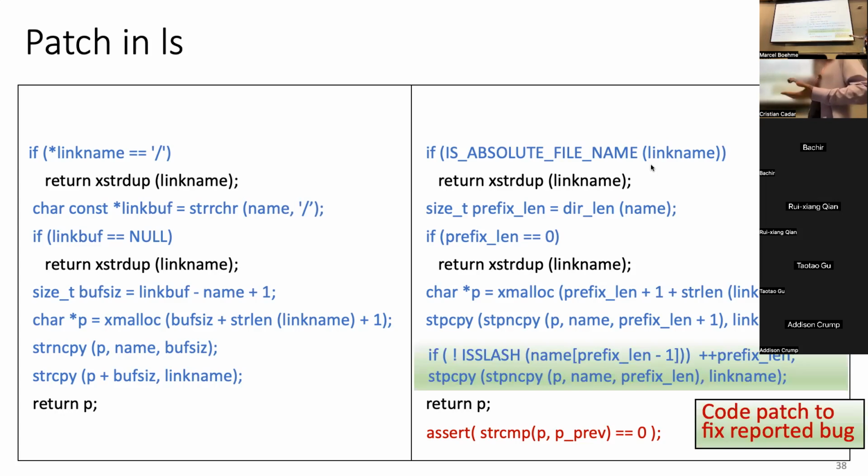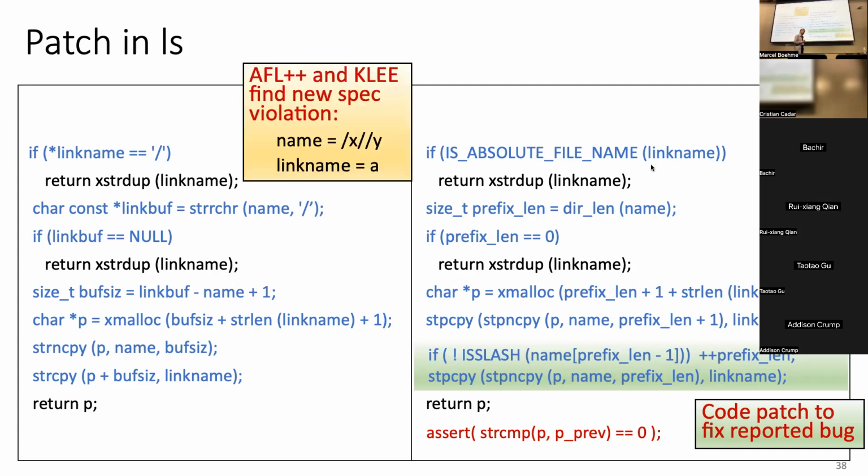This was actually the fix here in green. So what we did, again, we took the original version and this fixed version, and checked whether there are any violations of this patch specification. And to our surprise, FL++ and CLE were both still able to find violations.